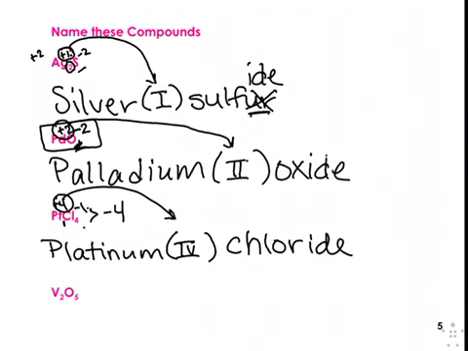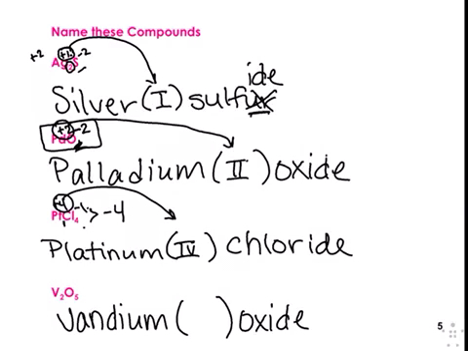Okay, let's look at vanadium here. V is vanadium. Is vanadium a transition metal? Yep, so we have to put the parentheses. O5 indicates what ion? Oxygen, but that oxide, good.